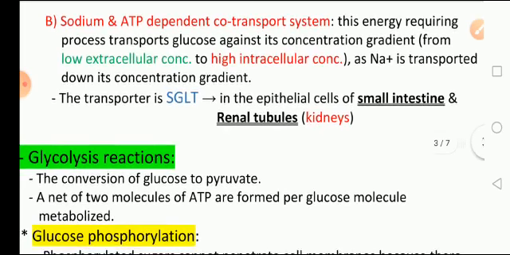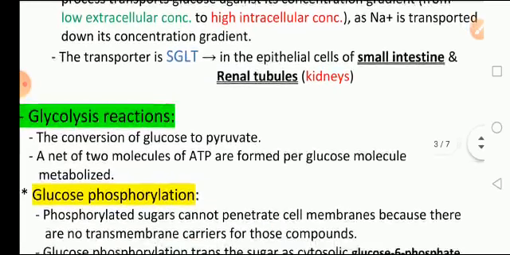First of all, the cells of the tubules transport sodium against its concentration gradient from the cell to the blood, causing the sodium in the tubules to pass down its concentration gradient into the cell, taking up glucose with it against the concentration gradient.